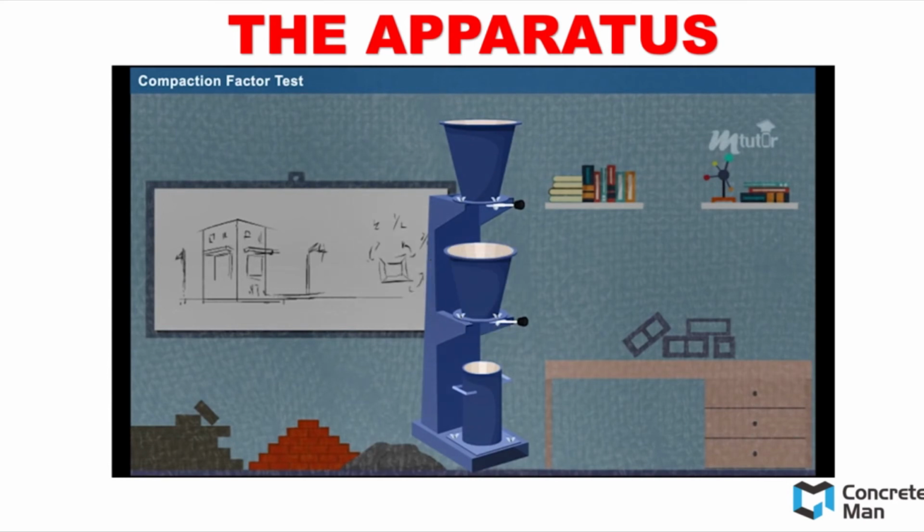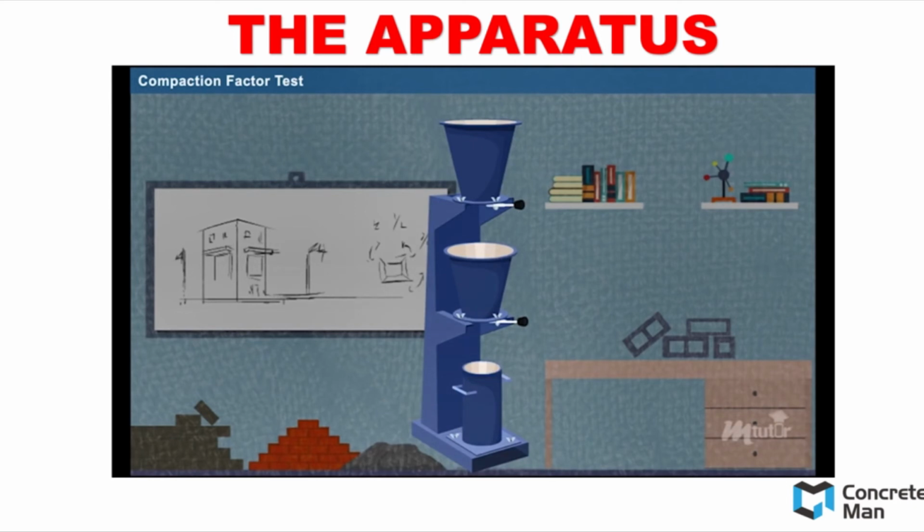The most interesting part of the test is the distance between each of the hoppers. For the first and the second one, the height is 203, while for the cylinder at the bottom, the diameter is 152 mm and the height is 305 mm.